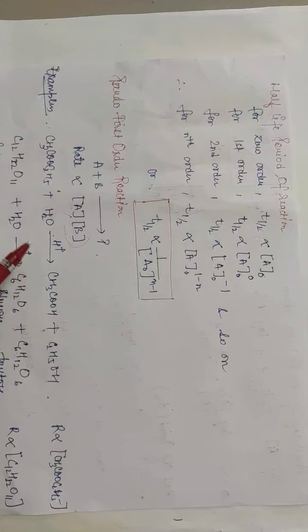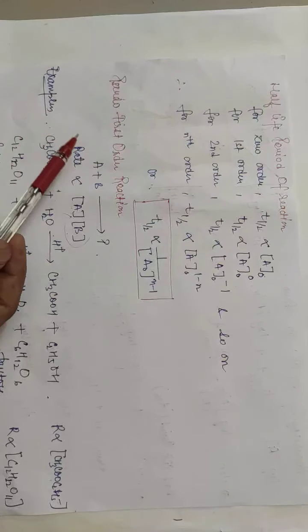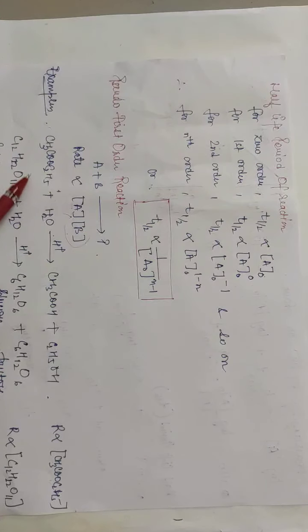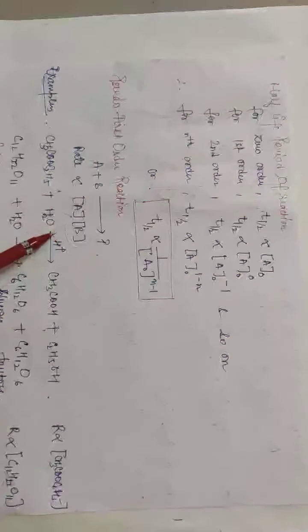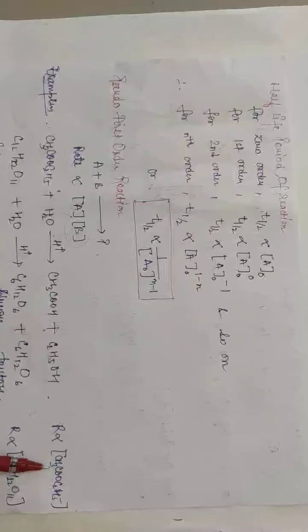Now let us see the example. An example of the pseudo order reaction is acid catalyzed hydrolysis of ethyl acetate. Ethyl acetate reacts with water in the presence of acid to form alcohol and acid. In this, water is present in large excess and the rate is directly proportional to the molar concentration of ethyl acetate only.